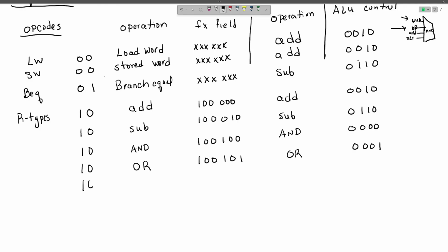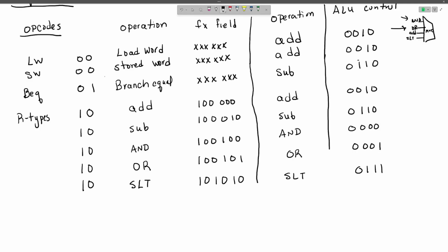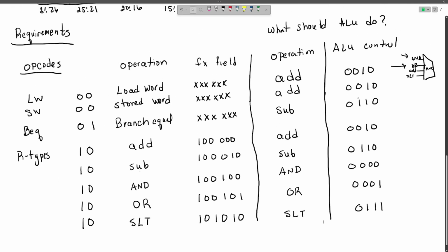Now, finally, we want to select if it's less than. And to do that, our function field is going to be 101010, and that's going to be 0, 1, 1. So if we try to implement this, it's going to be extremely hard.